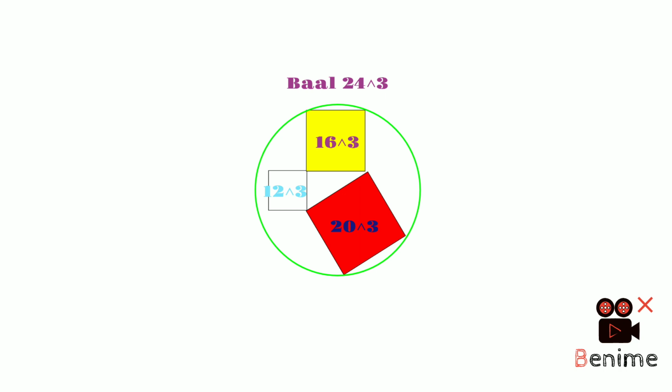But in my opinion, Baal was not son of Odin. In fact, he was father of Odin. So Odin sacrificed this guy, Baldr, and he created the 9 realms. How he is going to create the 9 realms, we'll watch in the second part.